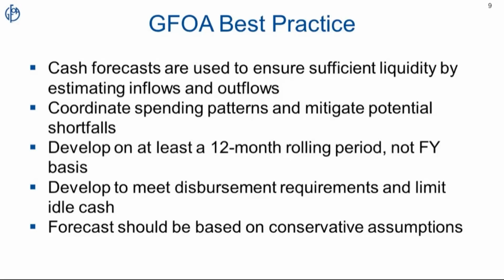Also develop it to meet your disbursement requirements, knowing when your cash is flowing out, and that way you can also limit your idle cash, and thereby maximize any investment opportunity. And it's very important, especially nowadays, that forecasts are based on conservative assumptions. So basically, don't overestimate your revenue and don't underestimate your expenses.